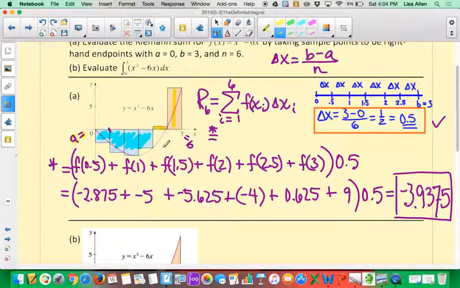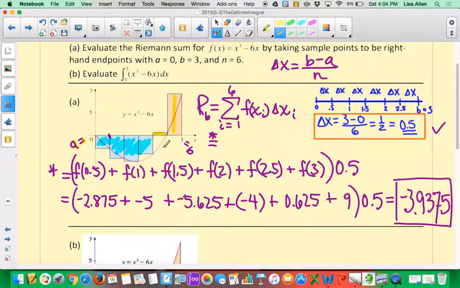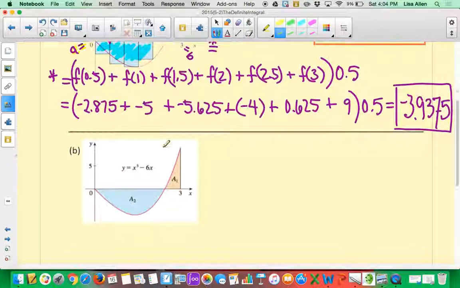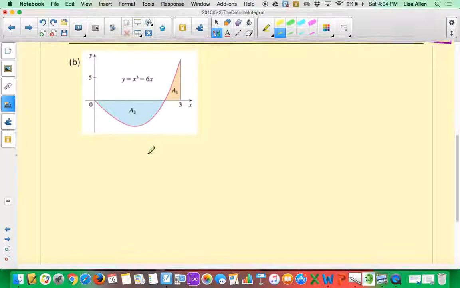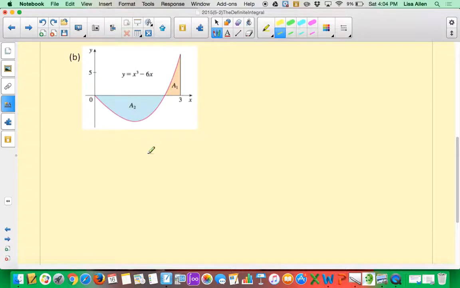Now what we want to do in part B is evaluate the definite integral by using Riemann sums, and I would want to consider the approximation in the end. We are going to find R sub n with n subintervals first.